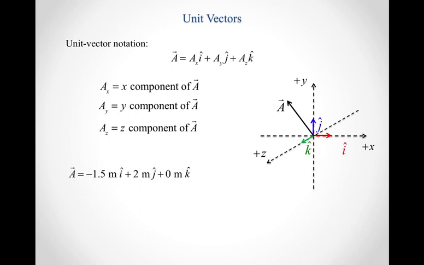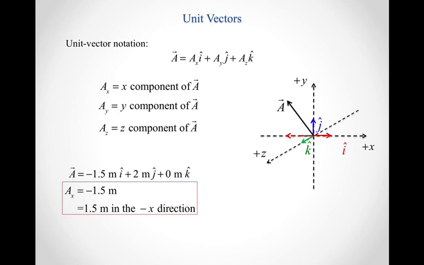So here I'm reporting vector A, and since the x component of vector A is negative 1.5 meters, when I pair that with the i hat, what that's saying is vector A points 1.5 meters in the negative x direction.